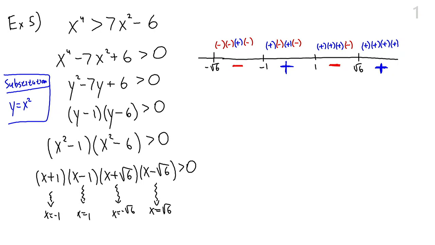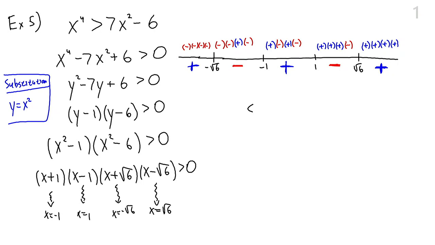And finally, the last piece, once we're below negative radical 6, all 4 factors turn negative, giving us a positive number in this interval. And now we need to find all of the intervals in which this is positive.